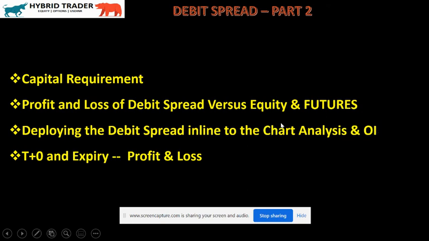If you have a good grip on identifying the trend of the market through chart analysis, or you're using some indicators, or you have a typical trade setup, and in support of the open interest you can identify the market trend, I think going with the debit spread would be the ultimate option. You saw the potential profit and loss, and even if the market comes down, you can mitigate your loss by the adjustments.